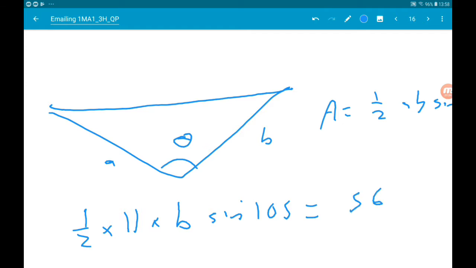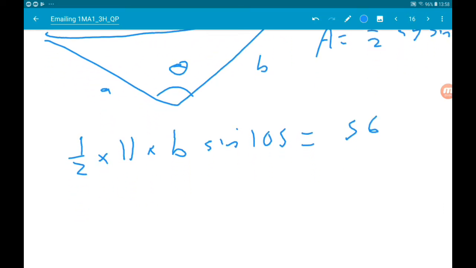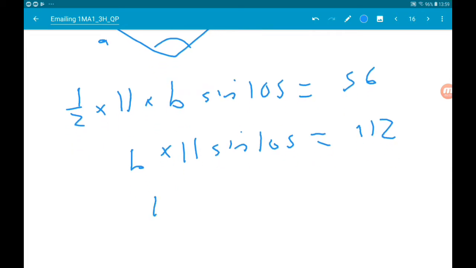Now if we multiply both sides by 2 to get rid of the fraction and rewrite the left a bit, so I'm going to say the left is B times 11 sine 105, and that is equal to 112.